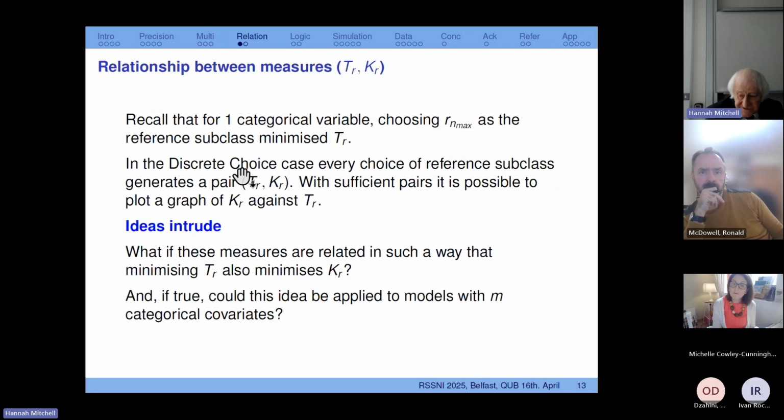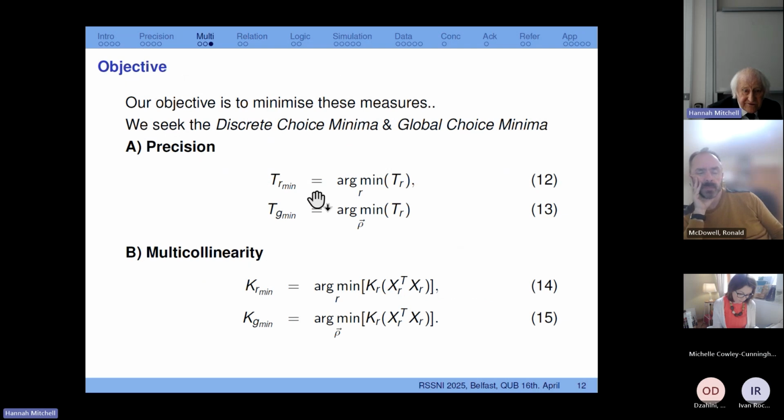But I'm only going to deal today with TR min, this is the discrete choice minima, and KR min. If there's a bit of time later, I may mention a global choice minima. So we would like to minimize this one, and we would like to minimize this one here.